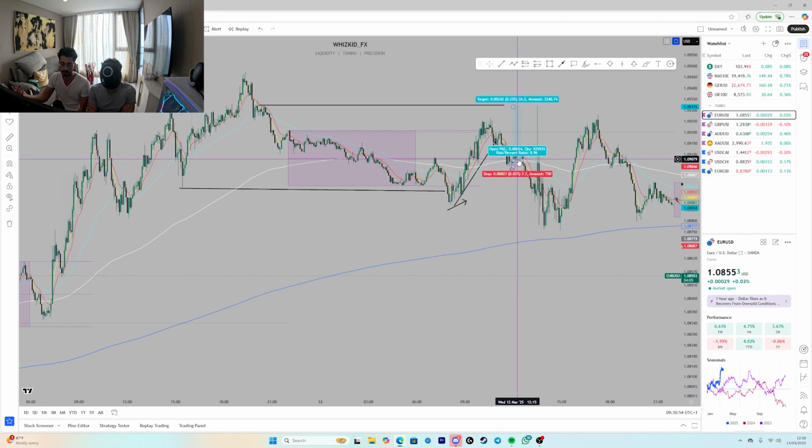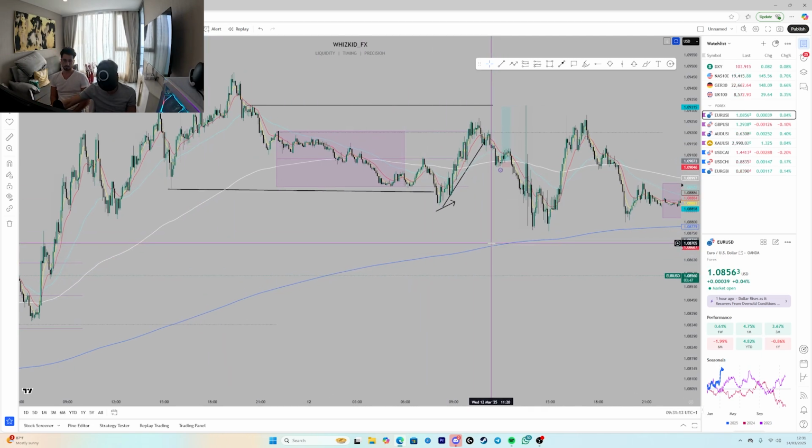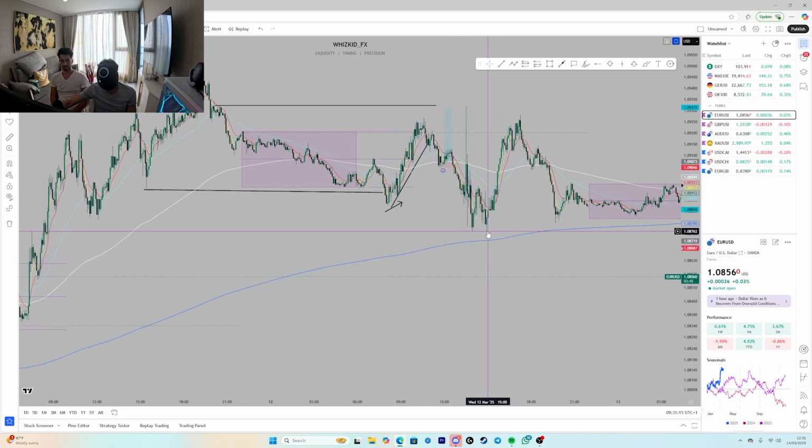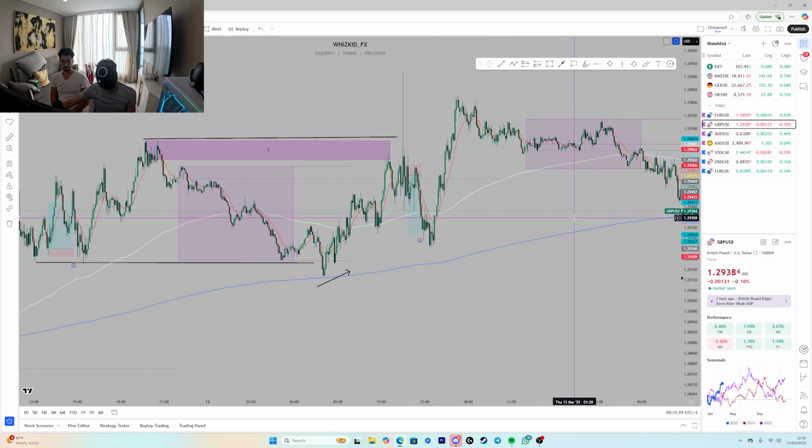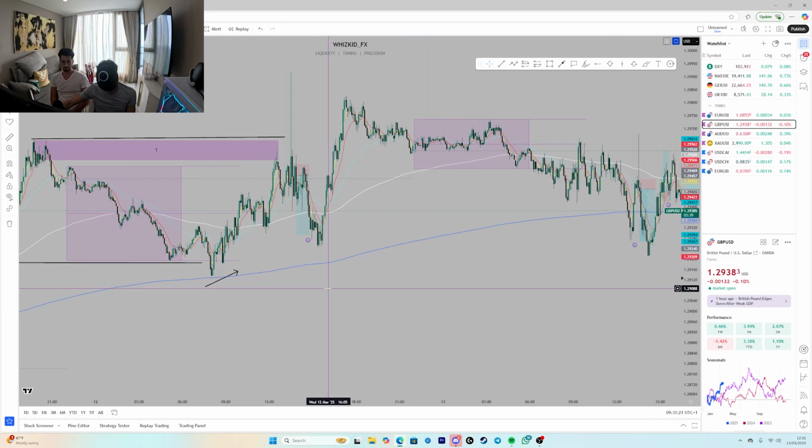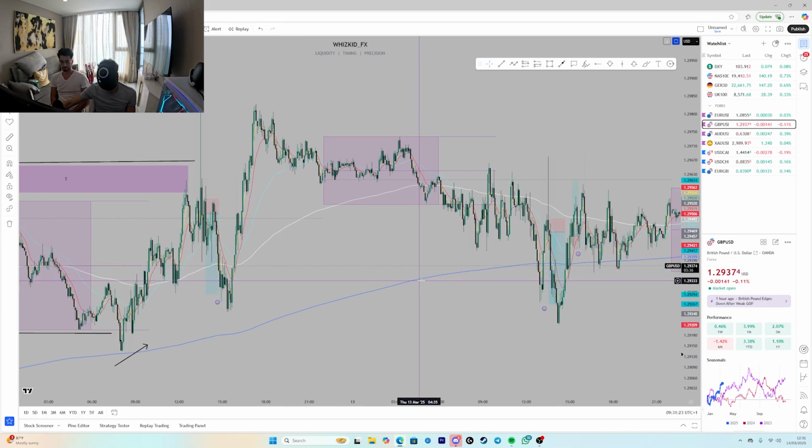So it's not our A plus setup, but we decided to take this trade. Unfortunately, it's a loss, but you know, guys, a 1 to 5 loss, so we were up 1.4 for the day. Of course, trading into the inducement is more aggressive and riskier, so it also depends on your style of trading.